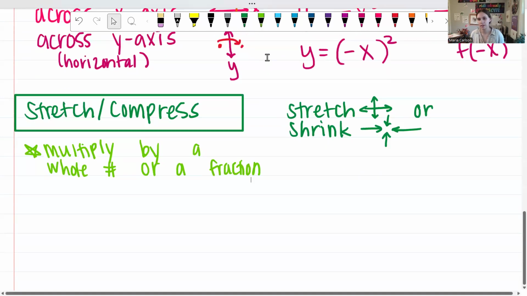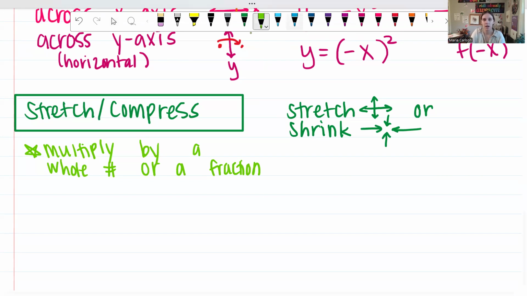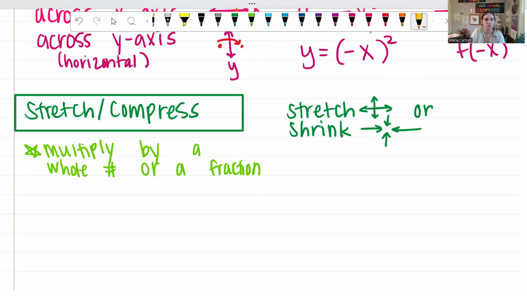Now, in Algebra 1, we are normally going to be working with vertical stretching and vertical compressing. So let's start with that. If we have our parent function and we want to stretch f of x or the parent function vertically, that means I'm going to take it and I'm going to pull it both directions up and down.